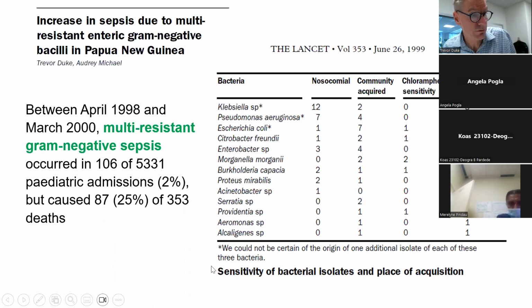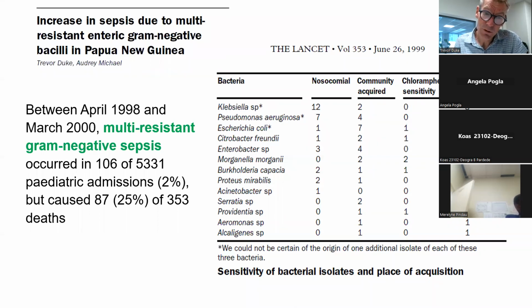As I mentioned, I first got really interested in this in the 1990s because we were seeing a lot of children who had extended spectrum beta-lactamase producing gram-negative sepsis, and not just from the hospitals, but also from a much smaller number from the community.